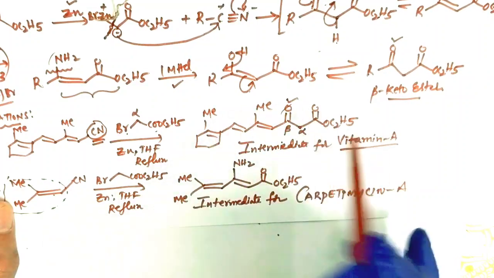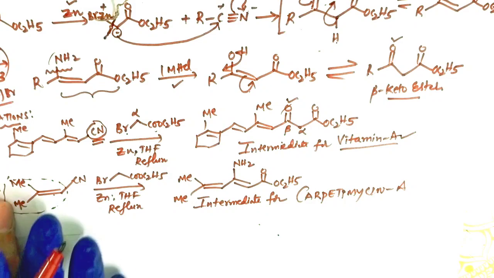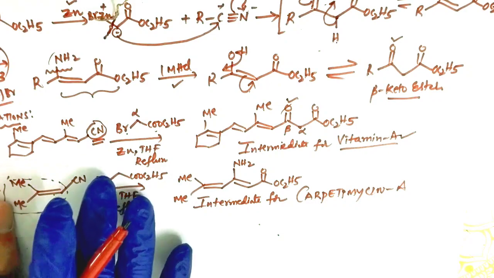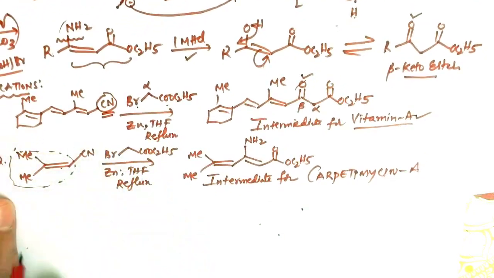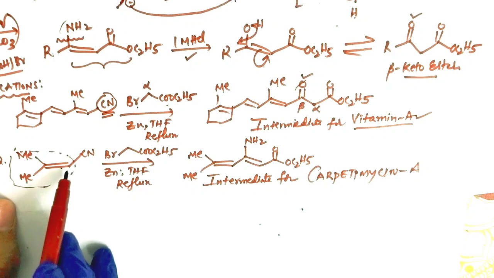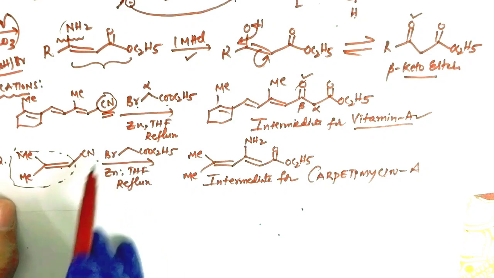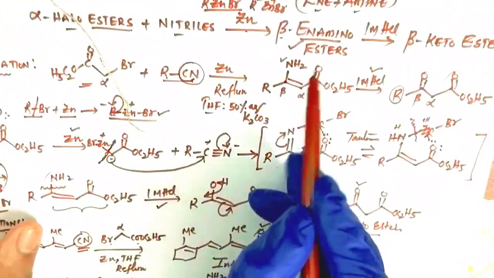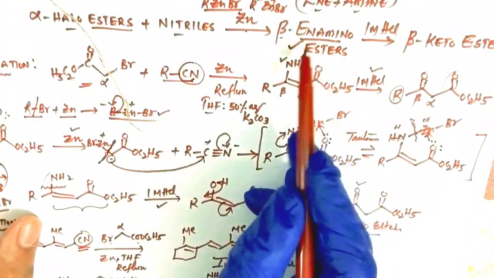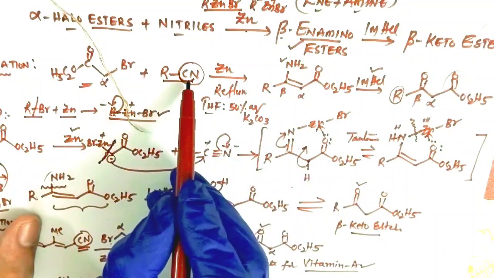This moiety is the intermediate for the synthesis of vitamin A. This is the beauty of Blaise reaction. Okay. Next, here we have an olefin with CN. Same conditions applied, but here we come up with the initial intermediate. What is that? Beta amino ester. So what we are observing?